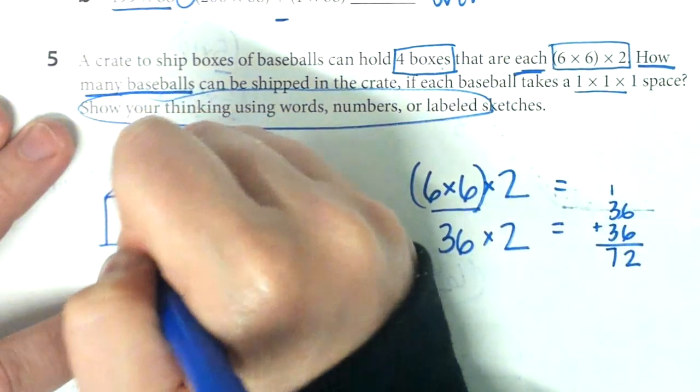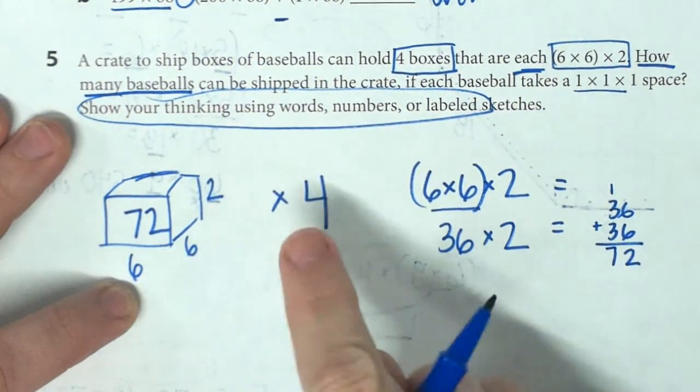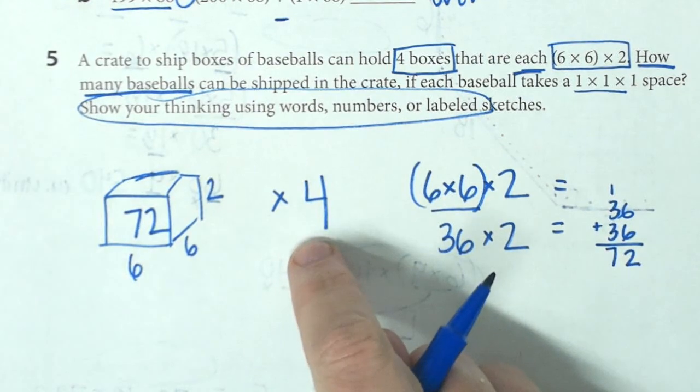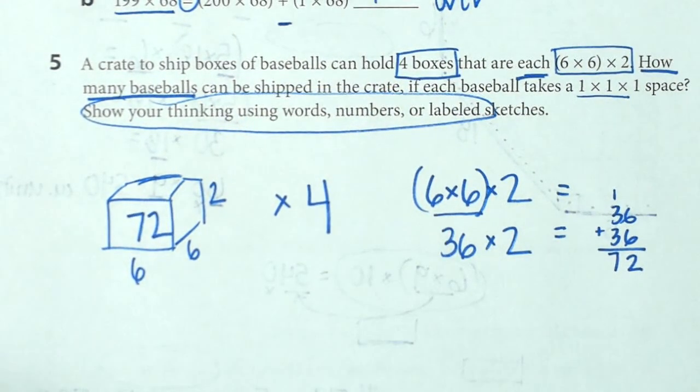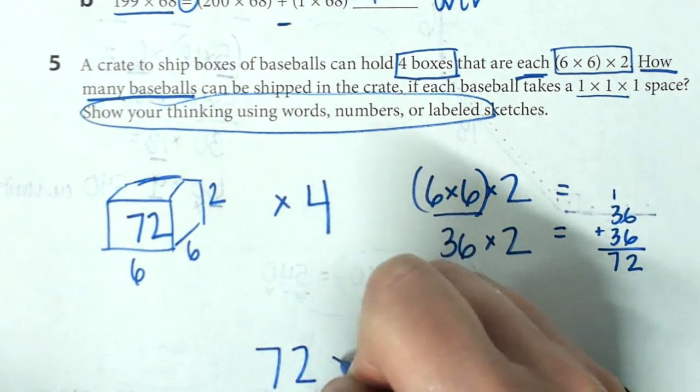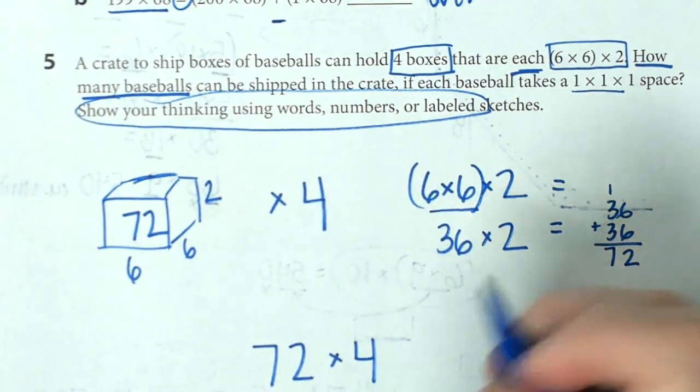So there's 72 that fit in one of these, but I need to take it times 4 because I have 4 of those, 4 boxes. So I'm going to take 72 times 4.